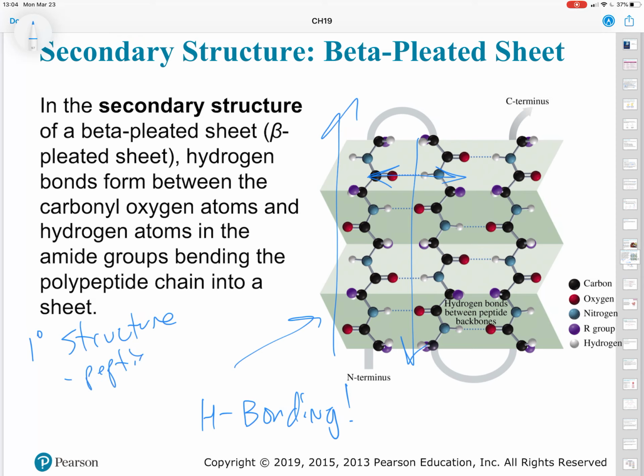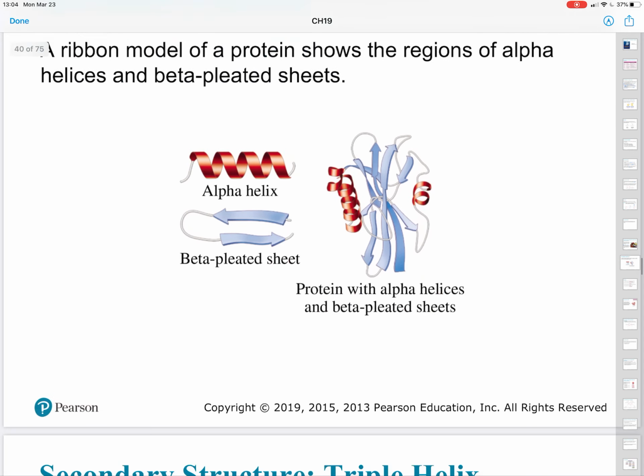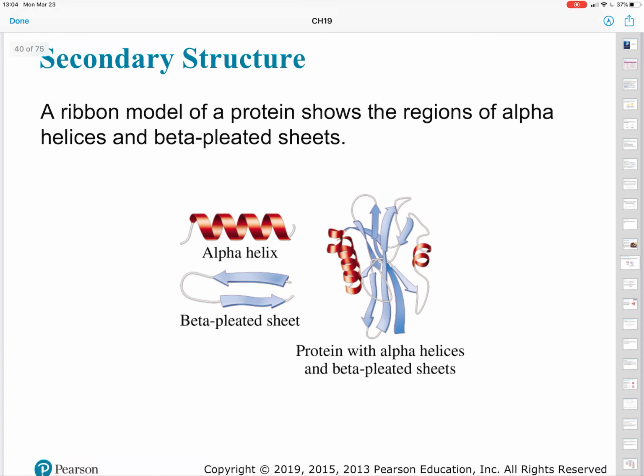The peptide bond. That's what holds together the sequence of amino acids. What about secondary structure? Hydrogen bonding. So I was showing you a little earlier what these structures mean. When you see these little ribbons with arrows and these little twists, now you know they're representing alpha helixes and beta sheets.